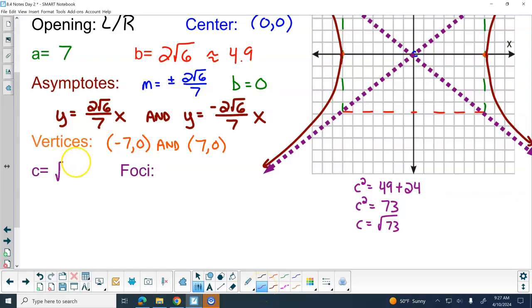So my C value is the square root of 73, which would put my foci, since it's a left and a right opening, that means I'm going to be adding and subtracting that to the H part of the foci. So my foci would be at plus and minus the square root of 73, 0. More than 8, but less than 9, correct?